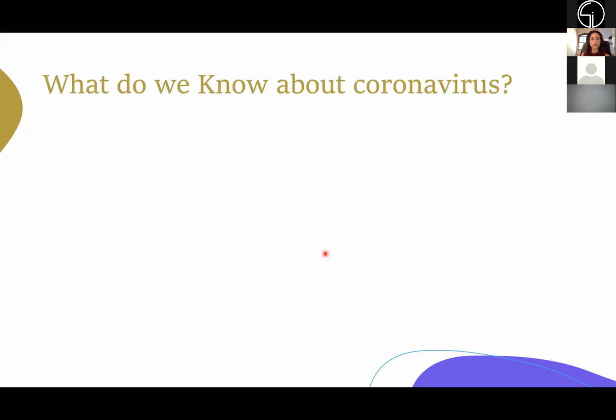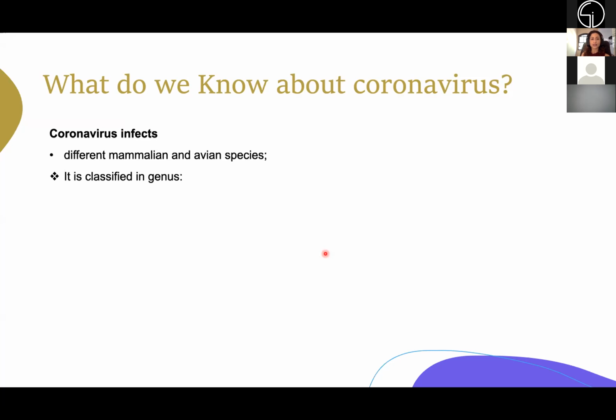Okay, so what do we know about coronavirus? Coronavirus infects different mammalian and also avian species. It's classified in genera known as alpha, beta, gamma, and delta.